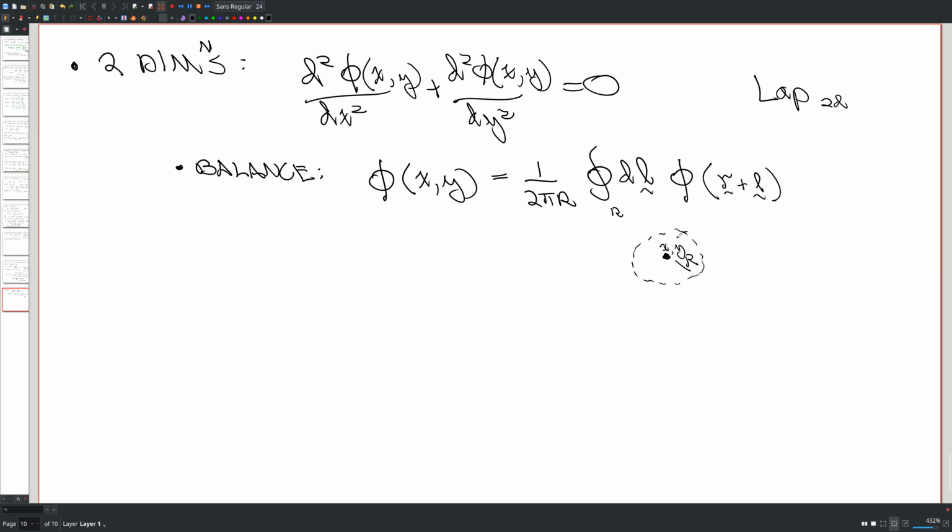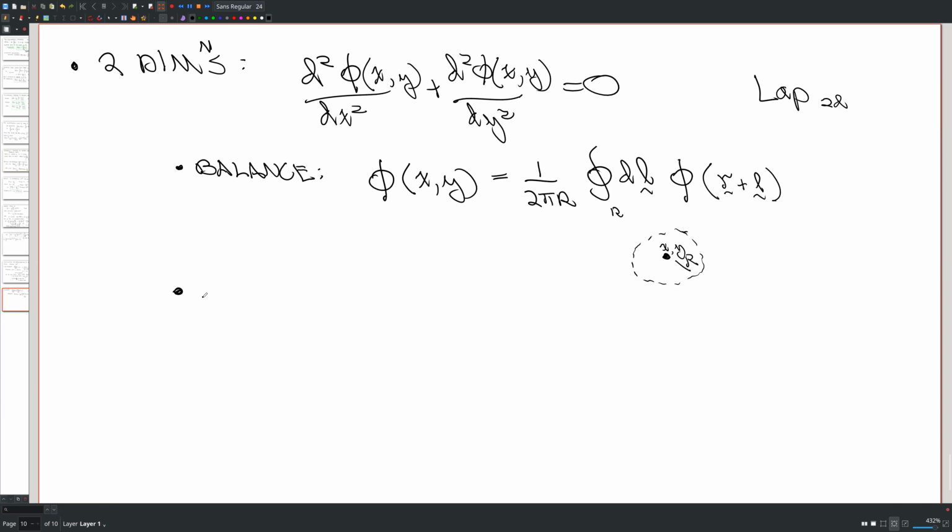I just take my evaluation point, I define a little circle around it, and I average the value of the function along this little circle, and that's the value of the function in the middle of the circle. Okay, what if I take a step left or right, and I average over all possible steps. So that's a very important possibility here.